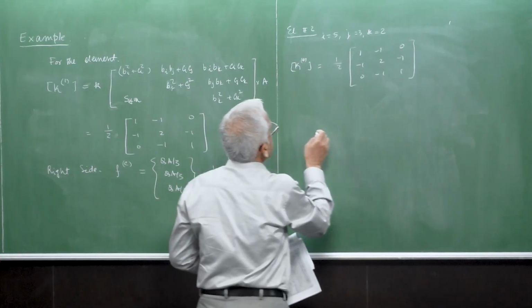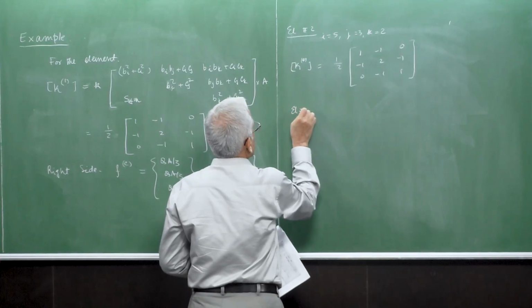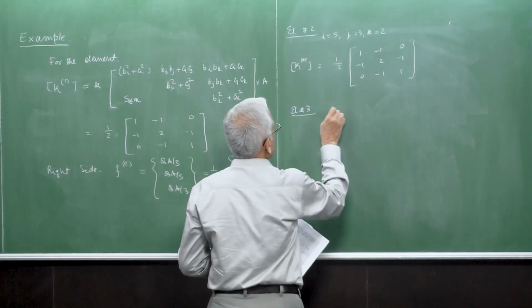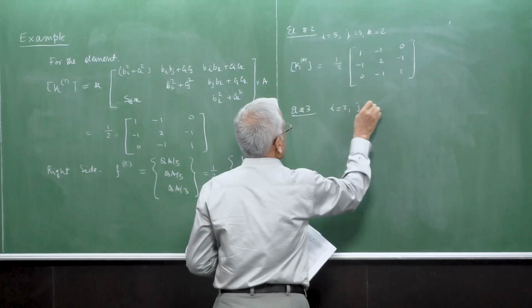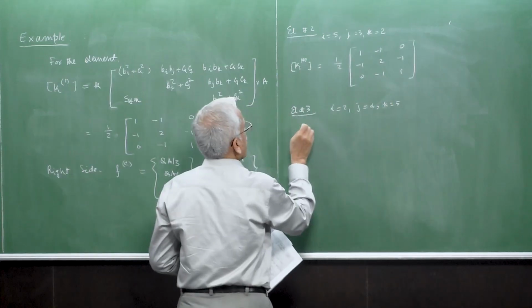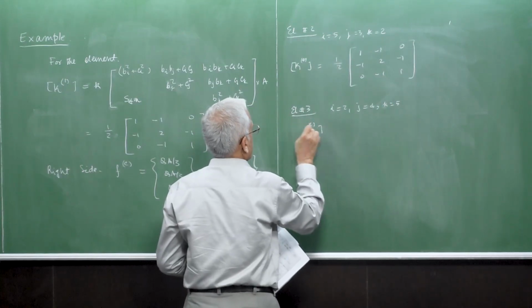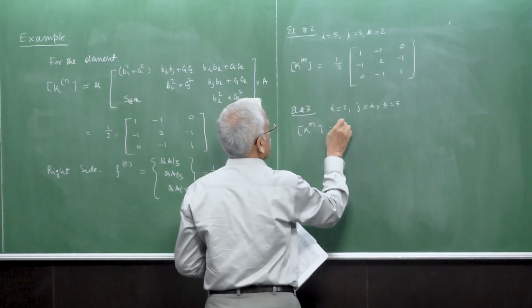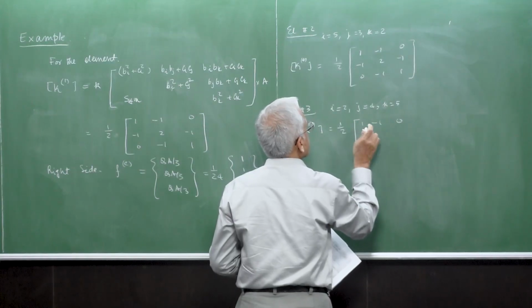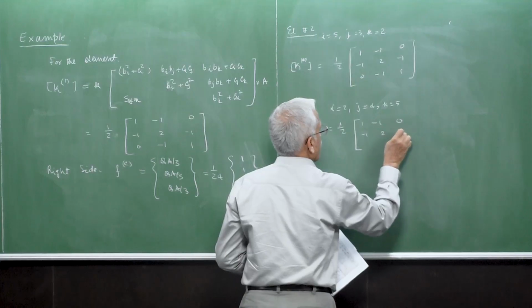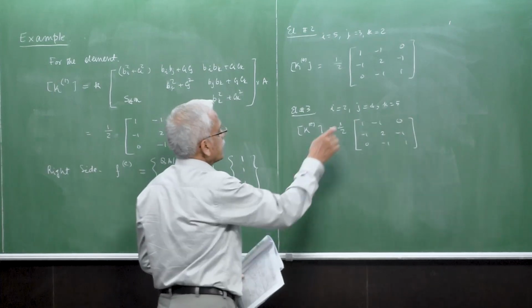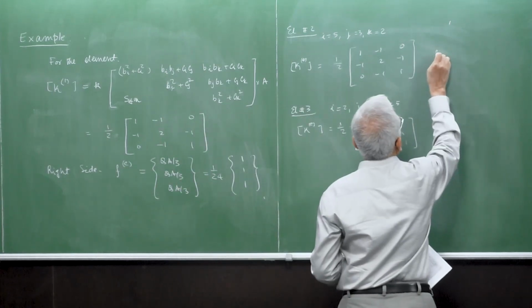Okay. IJK is 532, and element 3 is 245. And again, K, I'm just writing it. Okay, and so similarly here, F also will turn out to be same.